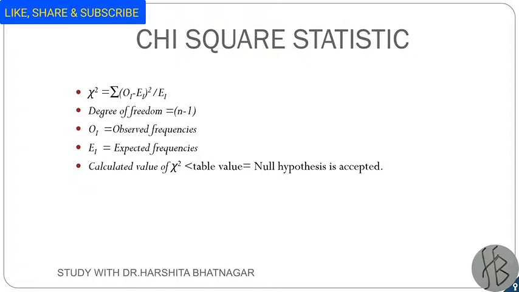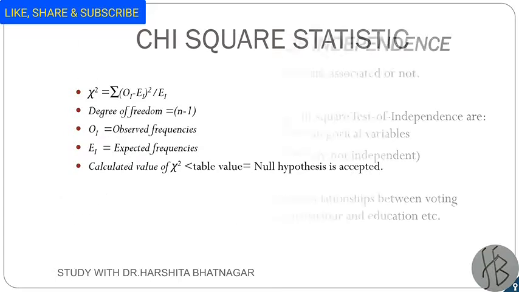In this way, we will be able to calculate the chi-square value. Here, the degree of freedom will be n minus 1. Oi is the observed frequencies. Ei is the expected frequencies. Here also the result will be the same: when the calculated value of chi-square is less than the table value, we will accept the null hypothesis.